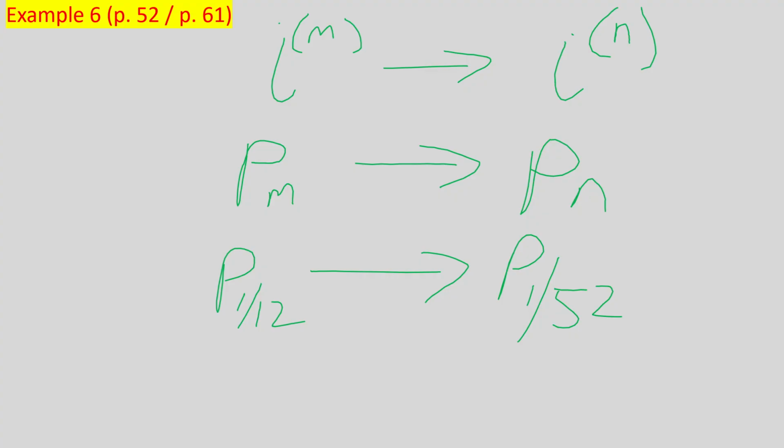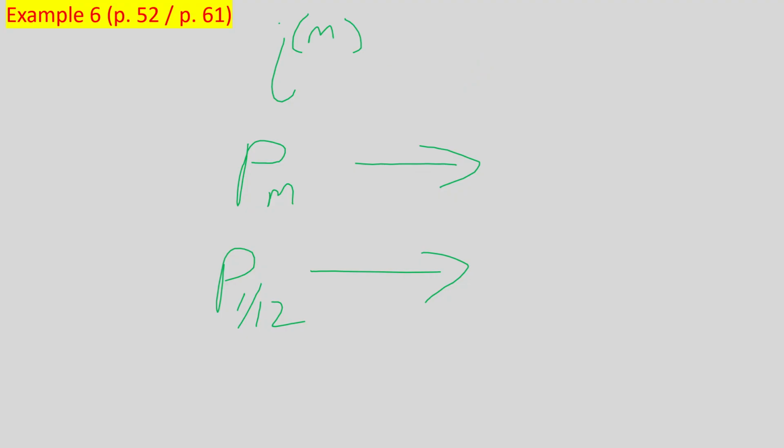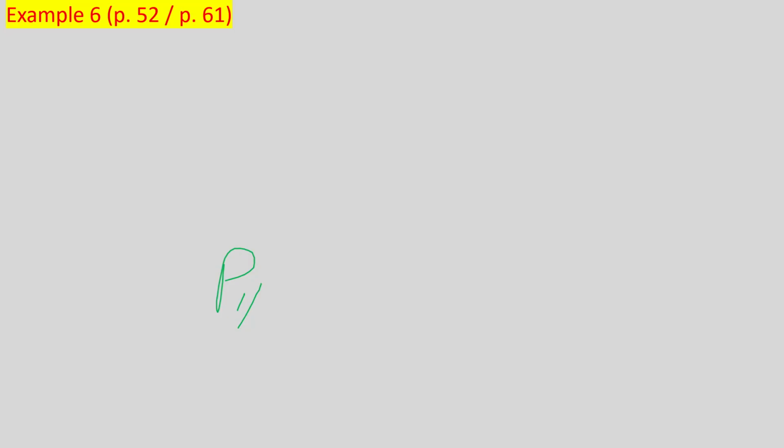And that is what example 6 shows, and we're going to do quite a few of these in the tutorials. So a pretty standard question you'll get asked in theory of interest. You have a specific interest rate, change it to a new interest rate. And in this chapter, you've got a specific payment, change that to a new payment.